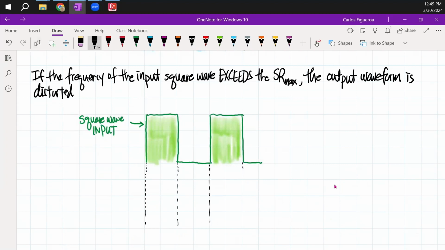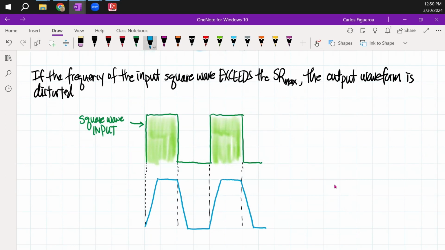what actually happens now? The waveform can't keep up. So there is a lag, and then it changes, but it can't change fast enough. And so it's not square anymore. It's looking like this here.